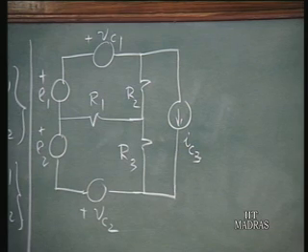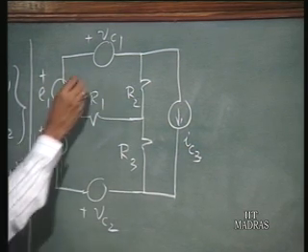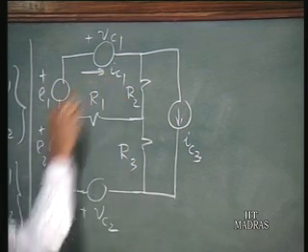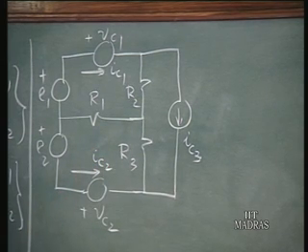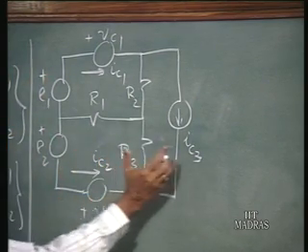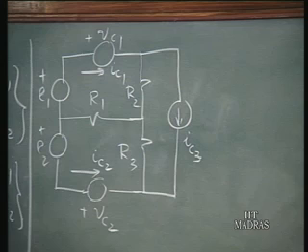Now we have to find IC1 and IC2 in terms of the state variables Vc1, Vc2, E1, E2, and also the new fictitious source that we have introduced, IC3.